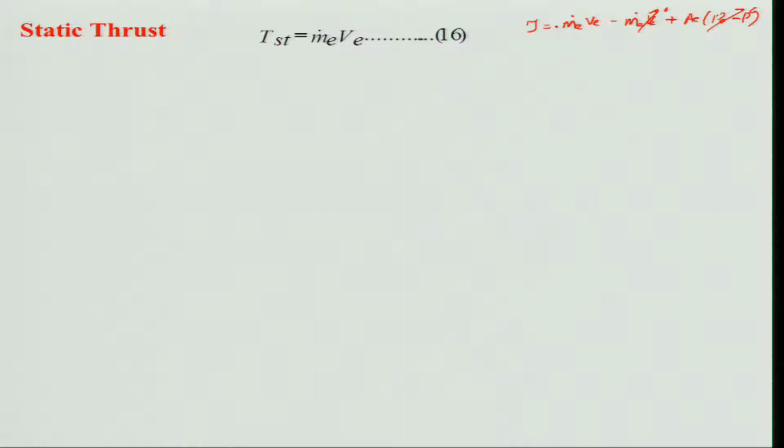What is this indicating? It indicates that static thrust will go on increasing as the exit velocity, or jet velocity, from an engine increases for a particular air mass flow rate. For an air breathing engine, air mass flow rate will depend on the flight velocity and also the cross-sectional area of the engine.